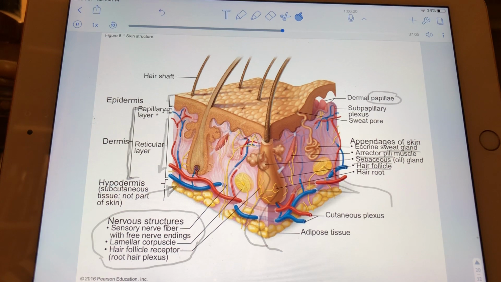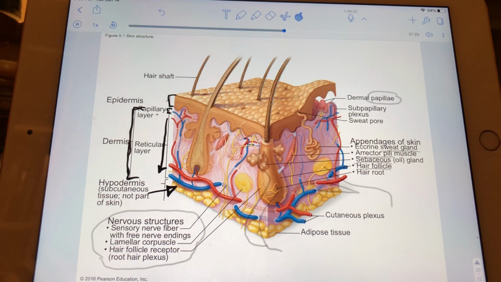It's sort of overwhelming. So again, here's our epidermis, okay? Here's our dermis. This guy's just hypodermis, which is actually not part of the skin, okay? And if this is dermis, then just this part is papillary layer, whereas the rest of it is reticular, all right?